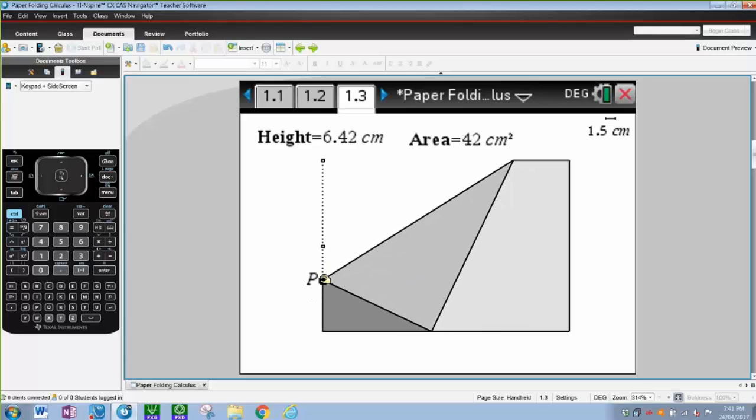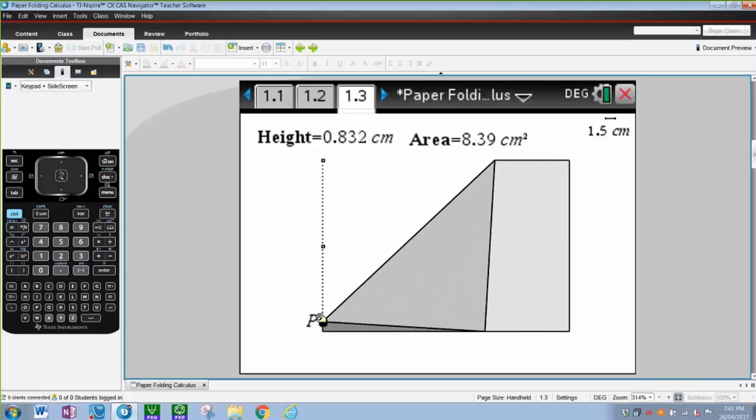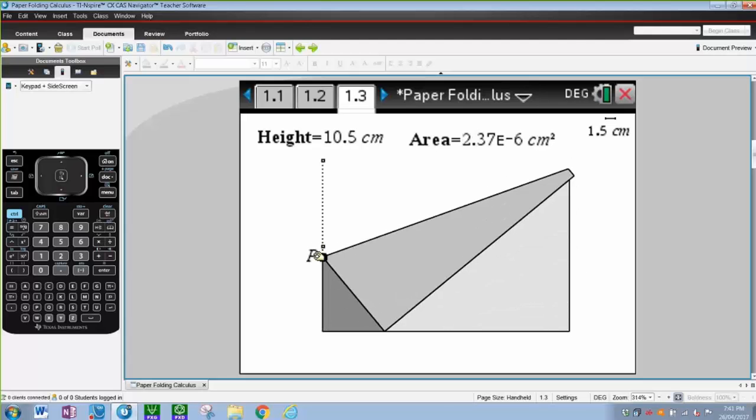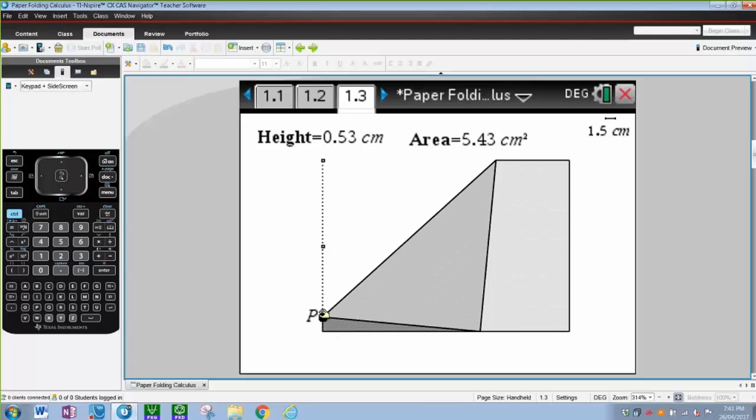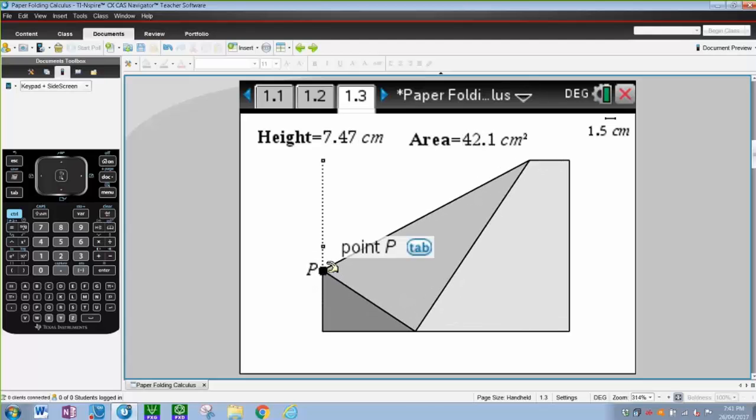What we end up having is basically a triangle generated from the remaining side of the slide, as well as the height here of the triangle and the base as well. So as you can see, as you change the location of P, you end up with many different triangles. And our job is to try and get the maximum possible area of that triangle there.